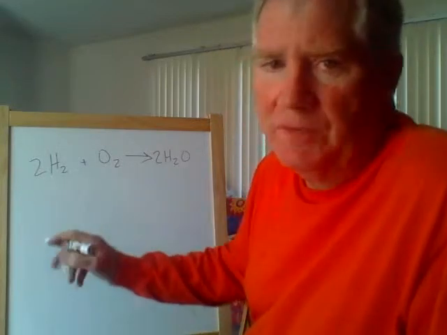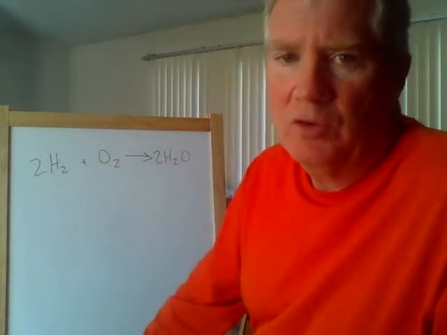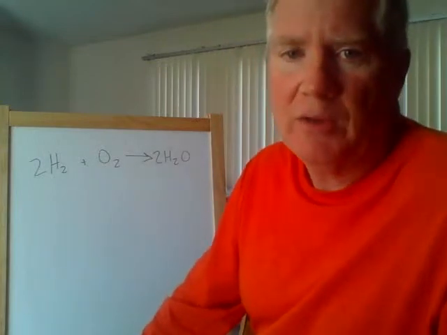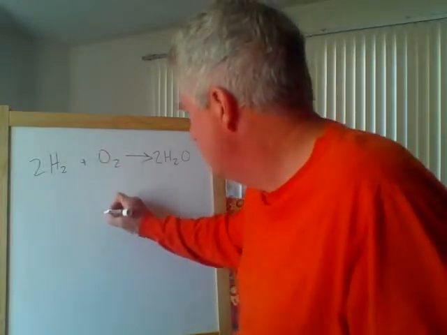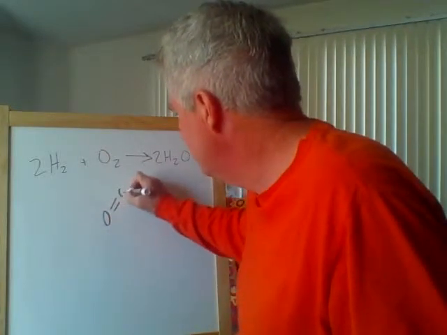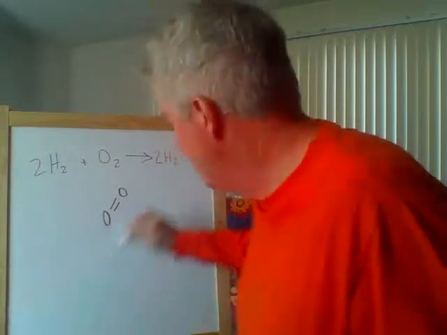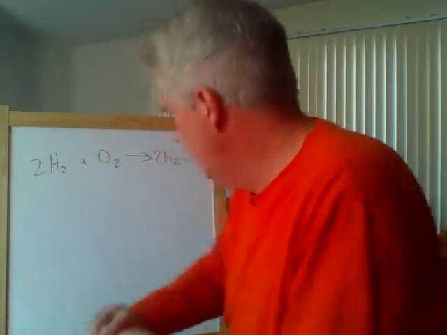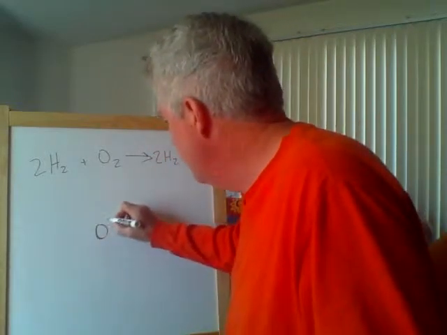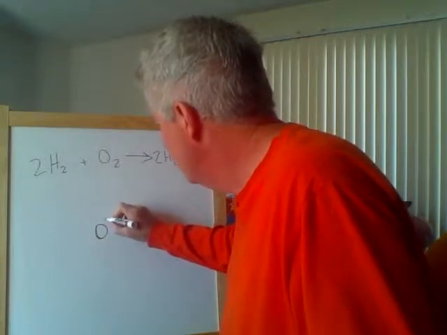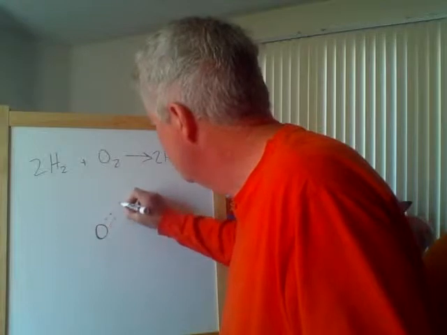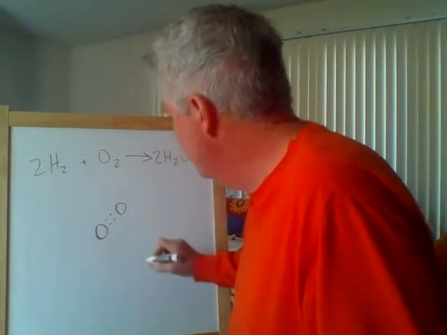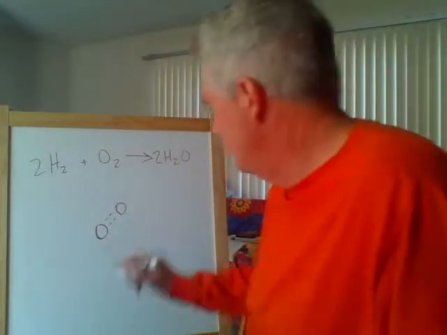So in this reaction, oxygen acts as what's called the oxidizing agent. That's how it got its name. Essentially what that means is that the oxygen molecule, and instead of drawing the bonds, I'm going to show the electrons here. An oxygen molecule shares two pairs of electrons with its other oxygen.